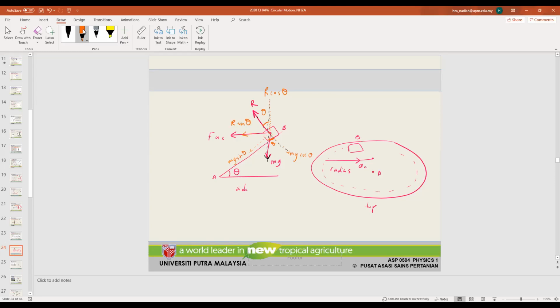Nampak tak? mg kita resolve, mg cosine theta here, mg sine theta here. R kita resolve, R cosine here, R sine theta here. This is 90 degrees, this is 90 degrees. Walaupun tempat yang berbeza. Sebab tu dia tak overlap. Okay. So tu saya baru resolve R dengan mg je. Baru resolve belum lukis tulis equation lagi.